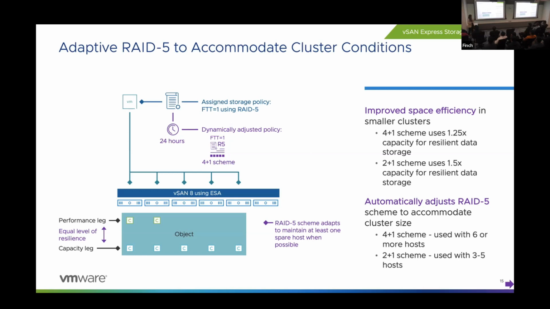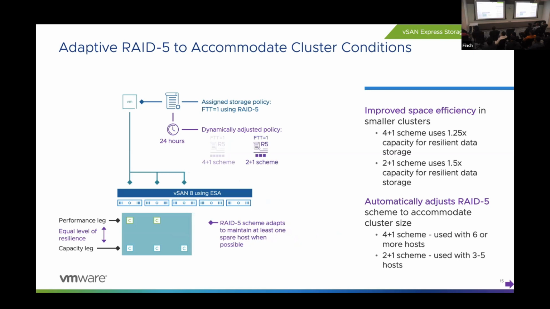And then the other scheme for RAID 5 is 2+1, which is nothing but your data placement spreads the data with parity across 3 hosts, and you would require at least 3 to 5 hosts to have this scheme.